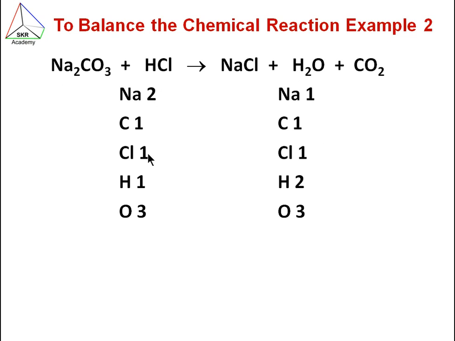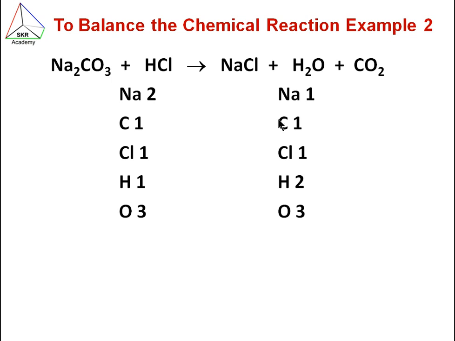Chlorine is 1 on both sides, and hydrogen on the left hand side is 1 only, and hydrogen on the right hand side is 2, and the number of oxygen atoms is 3 on the left side, and on the right side there are 3.